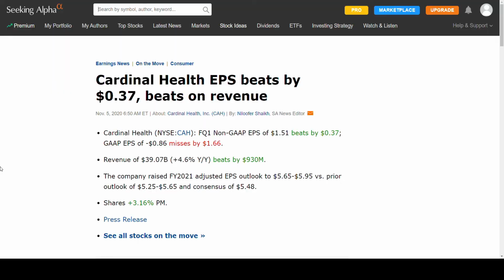If we then continue to some more company specific news, then we can see that Cardinal Health have missed their GAAP earnings per share by $1.66, but we see that they have beaten the revenue estimate by 930 million, meaning that they are up 4.6% year to date.